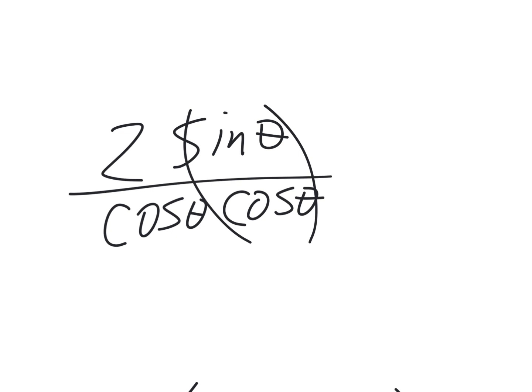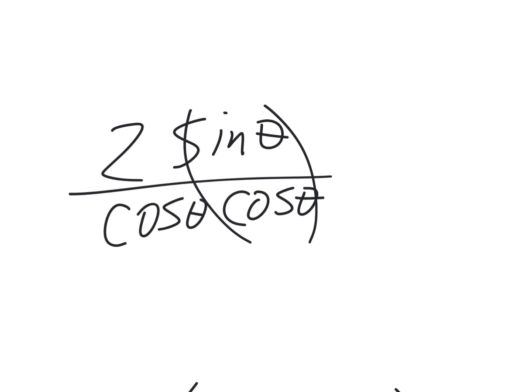So here's, for those in class, and it's a dead marker, 2 sine theta over cosine theta. There we go. And now, do you get that this sine over cosine could be a tangent?